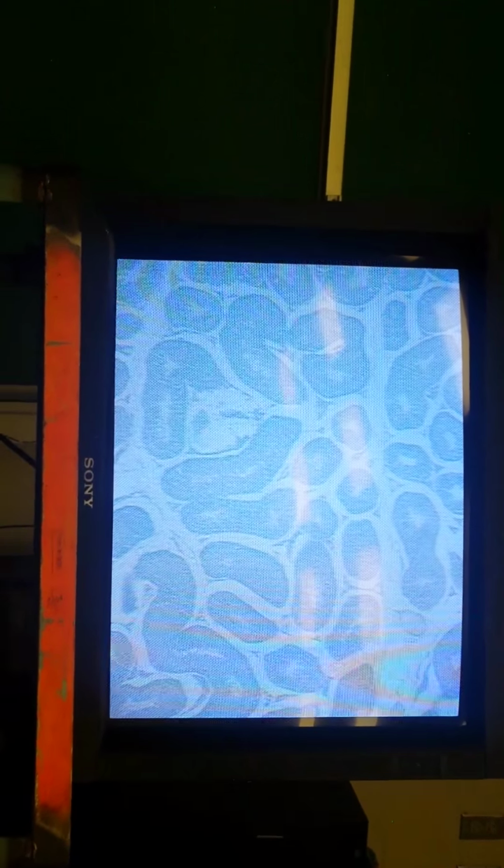Okay, what are we looking at? Seminiferous tubules. So we are in a testis. Let's look around a little here.